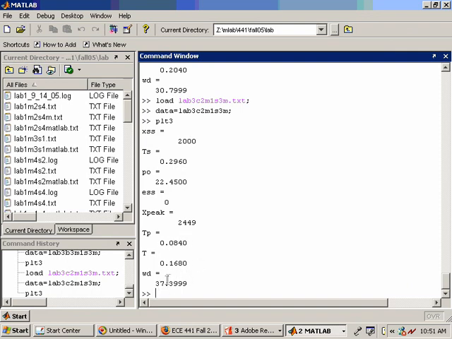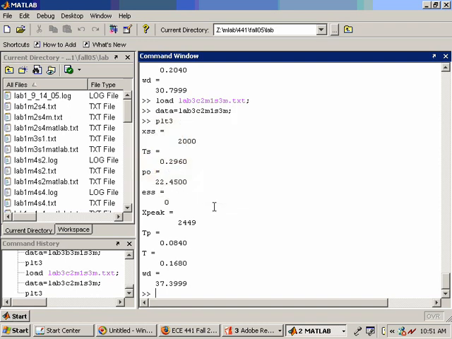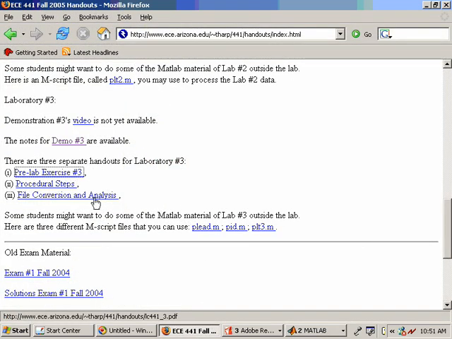Our damped frequency is 37 radians per second, and our settling time is 0.3 seconds. And that's what you're asked to do then, is use this information with PLT3 to actually fill out the final document, which is the file conversion and analysis portion based on your hardware measured numbers in the lab.